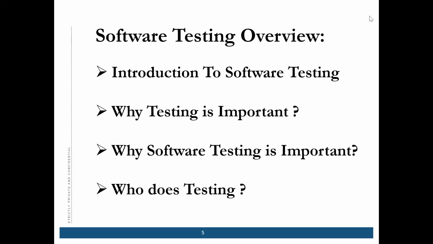But of course, why does the tester come into the picture? Because it's difficult to find your own mistakes, since he or she has developed it. That's why the tester comes into the picture, to find their mistakes.